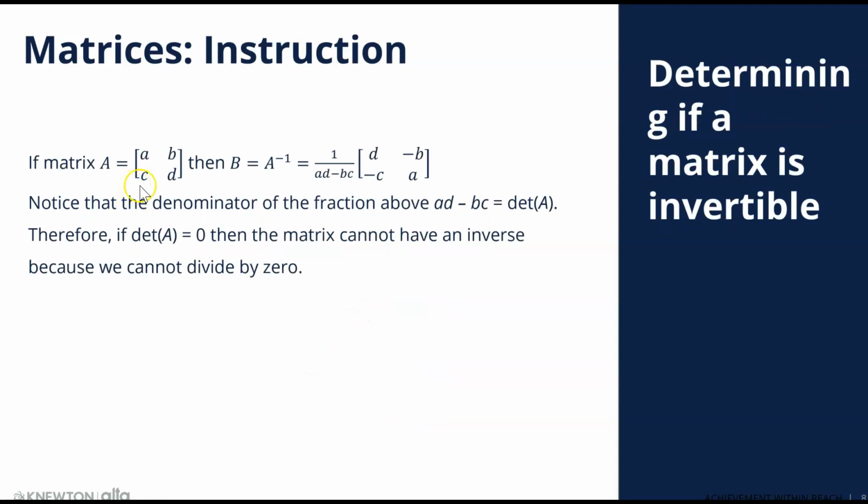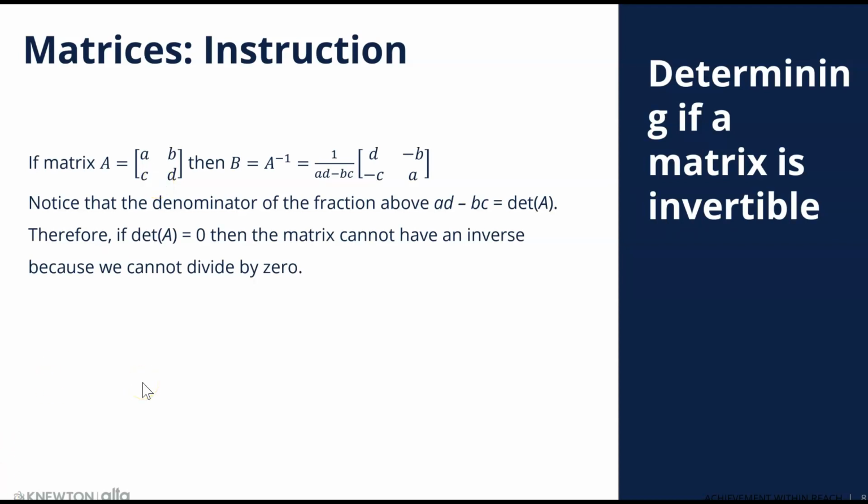To determine whether the given 2 by 2 matrix is invertible, first let us consider the formula of the inverse of a matrix. Notice that in the formula, the denominator here is just the determinant of the given matrix. Now, since this is in the denominator, this one cannot be equal to 0. That means that if the determinant of the given matrix A is 0, then the inverse cannot exist.